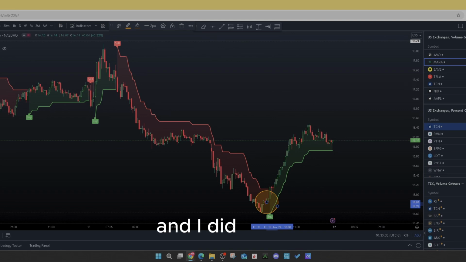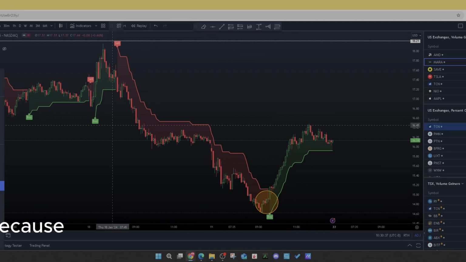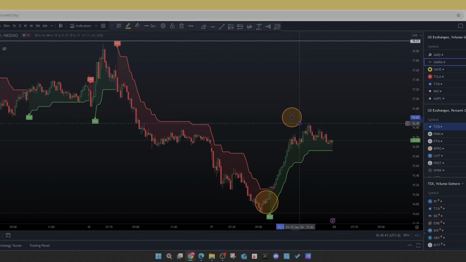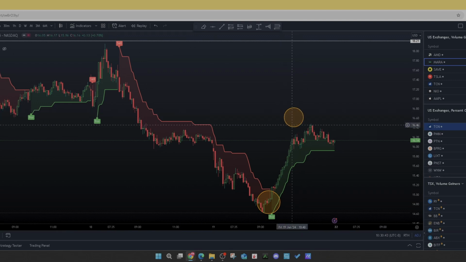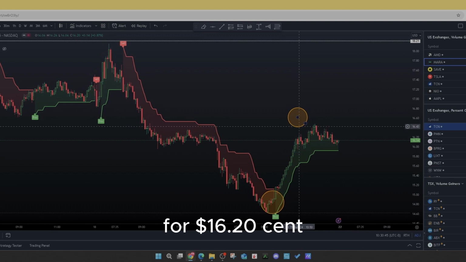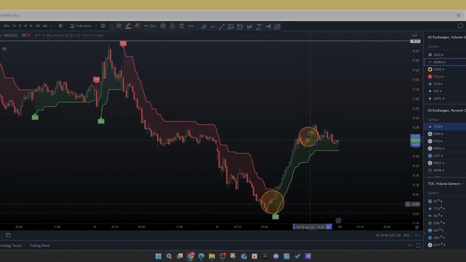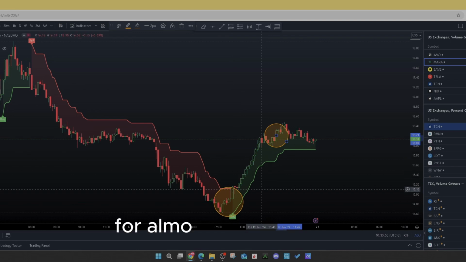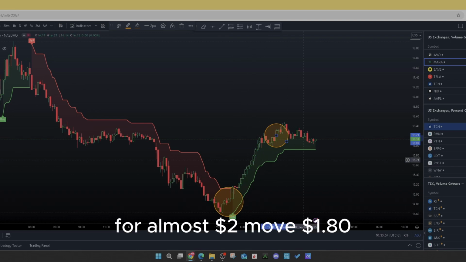And I did get out because I don't want to sit on anything in this market. I did get out for $16.20. So I traded Mara here for almost a $2 move, $1.80.